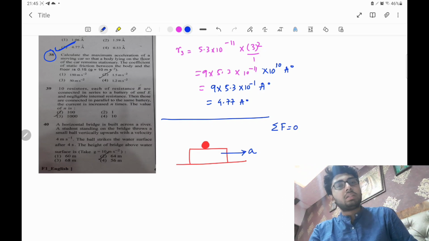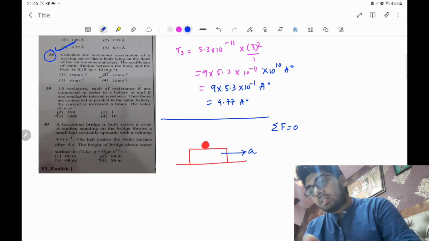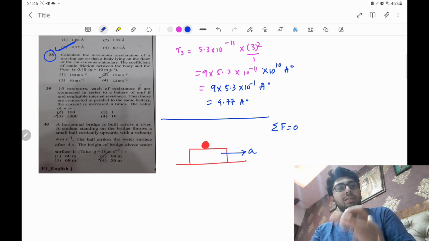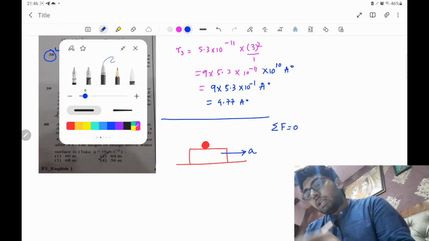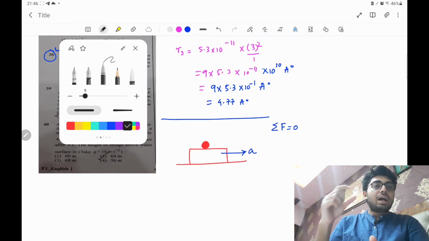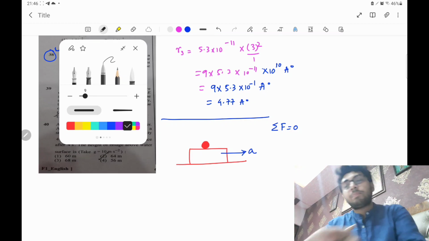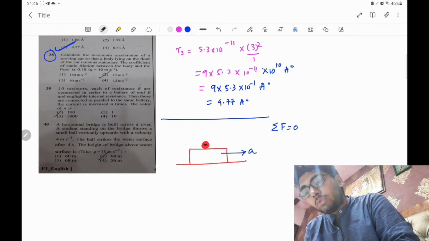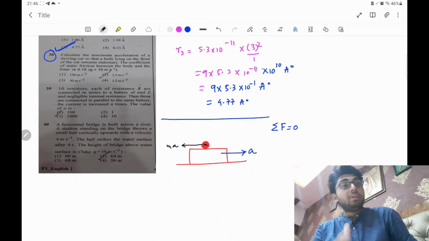This is a very simple thing. Since the car is moving with acceleration a, if the mass of the body is m, it will experience a pseudo force in the opposite direction, equal to m into a.